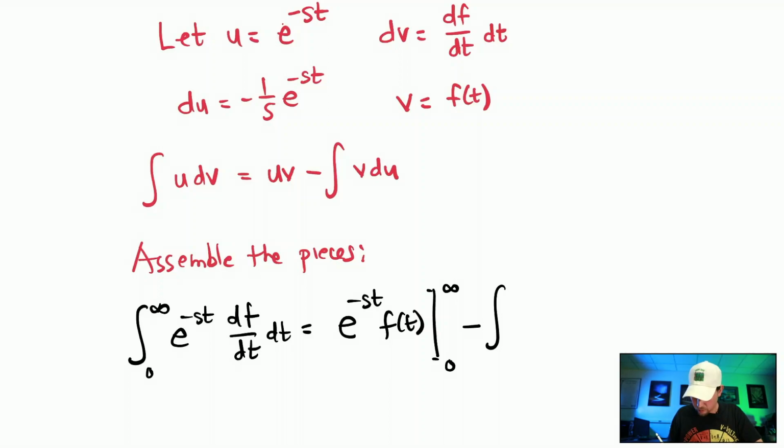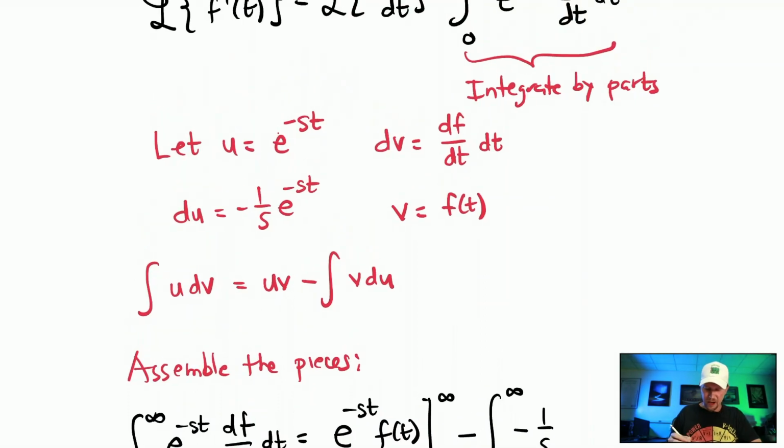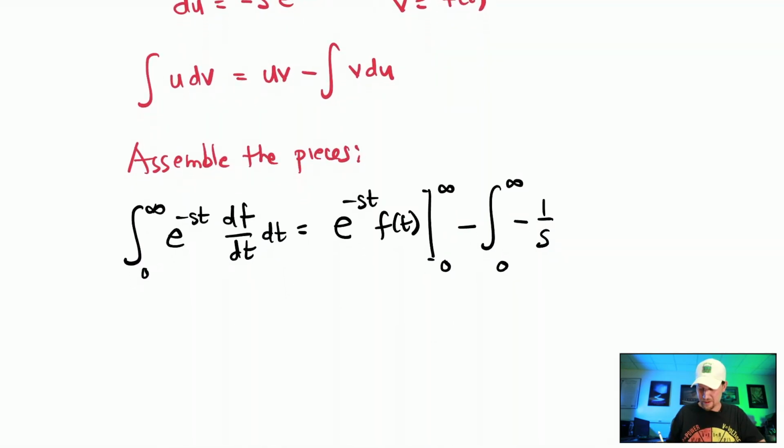Minus the integral from 0 to infinity of v du, which is minus 1 over s. Oh, I'm so sorry, I made a mistake once again. When I take the derivative of e to the minus st, it is minus s e to the minus st. So be slightly careful.